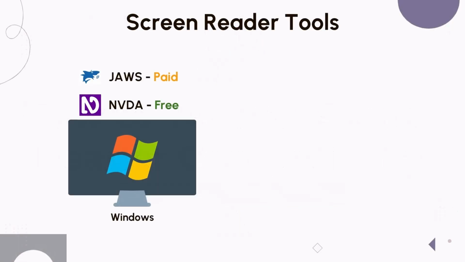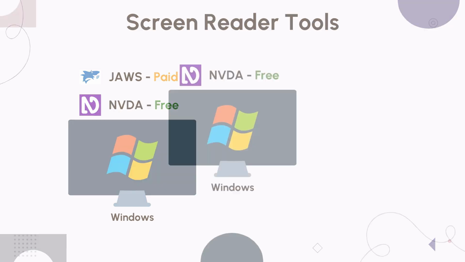In our previous discussions, we highlighted that different platforms require different screen reader tools. In the upcoming videos, we will focus on one tool for each platform and demonstrate how to use them in practice. On Windows, the most widely used screen readers are JAWS and NVDA. While both tools serve the same purpose of enhancing accessibility, they each have unique features and capabilities.